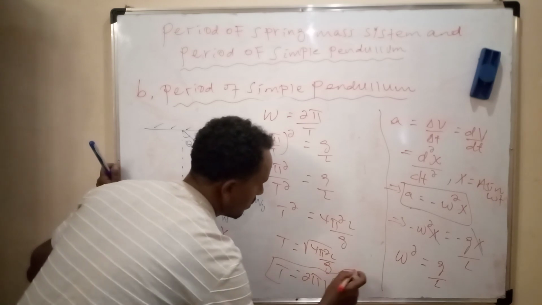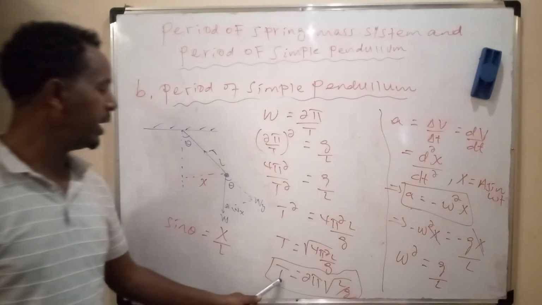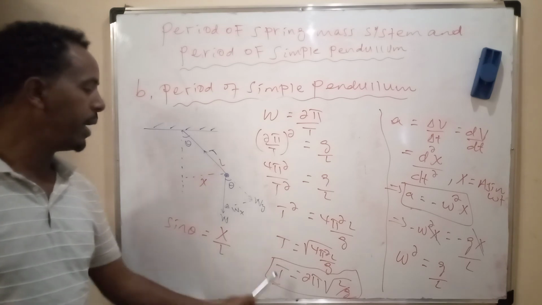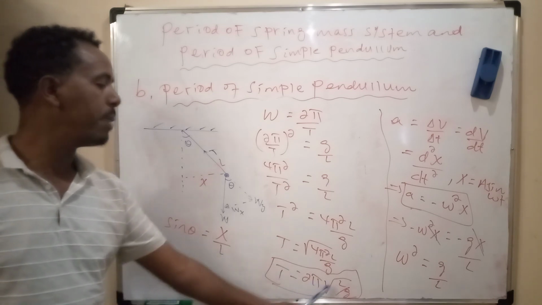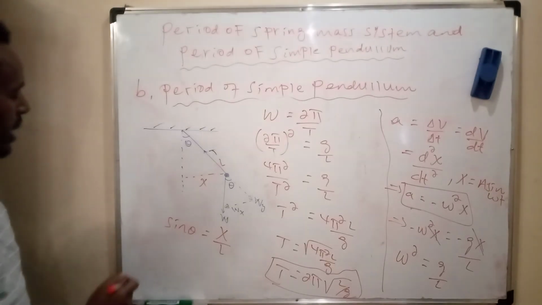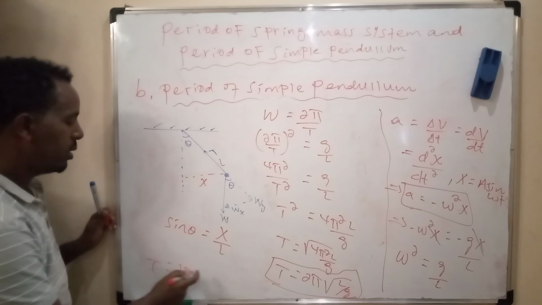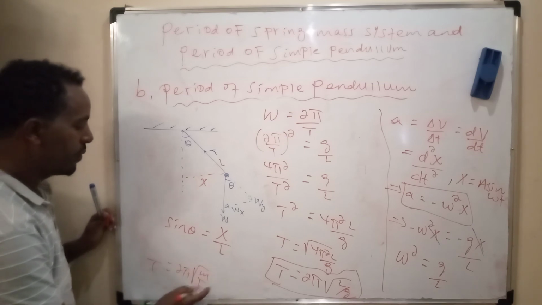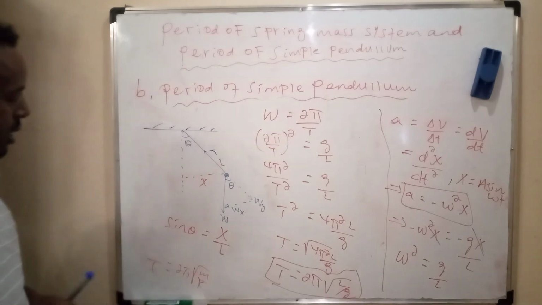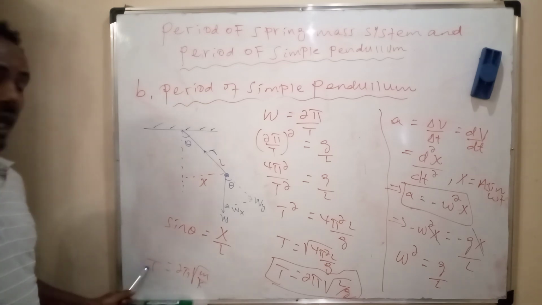Good. The period for a simple pendulum is equal to 2 pi square root of L over g. But the period for a spring mass system is equal to 2 pi square root of m over k. In a spring mass system, mass can affect the period.